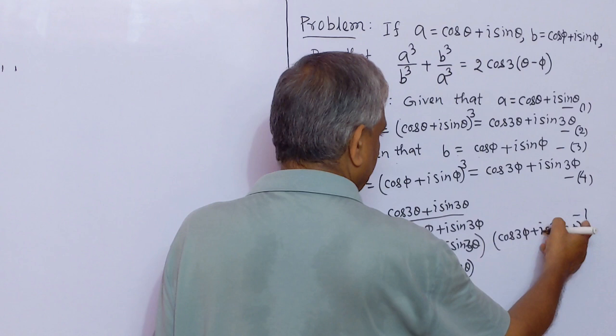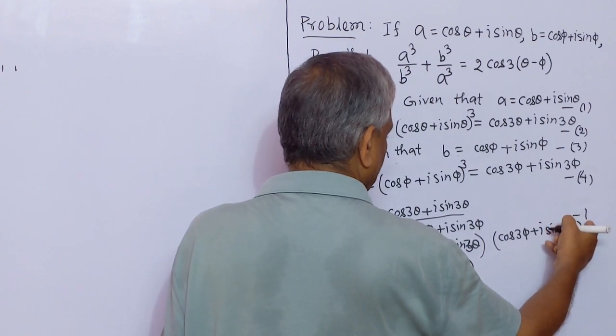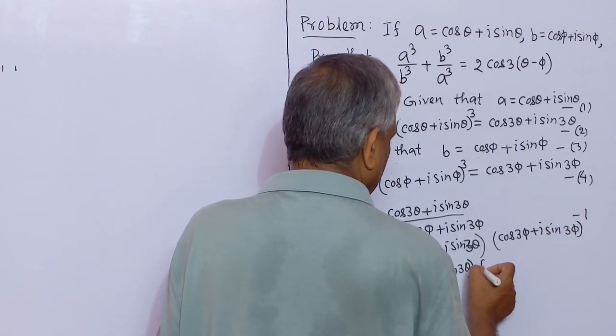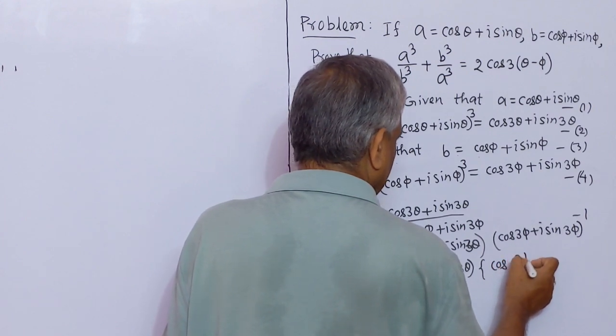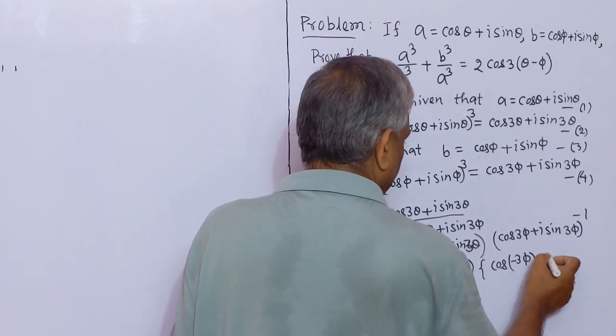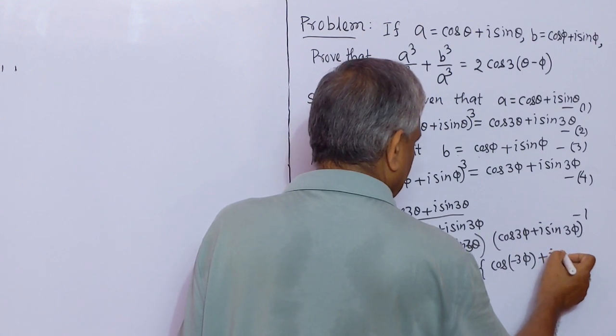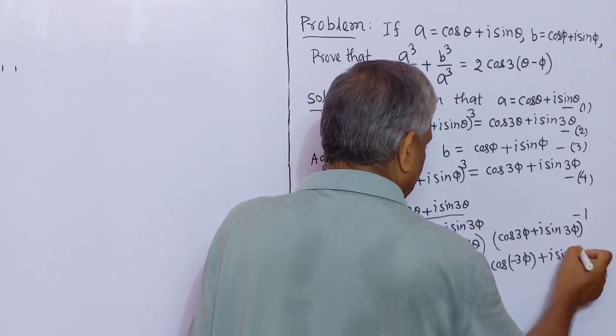By de Moivre's theorem, for negative power we get cos minus 3 phi plus i sin minus 3 phi.